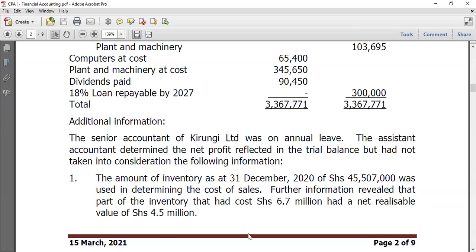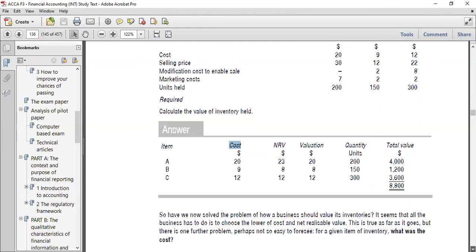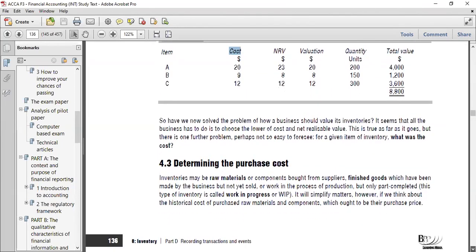Every time I have a cost and an NRV, I should choose the lower when valuing my inventory. That is very key, and that is what I wanted to emphasize.